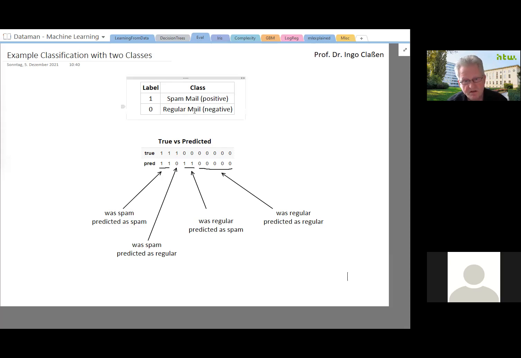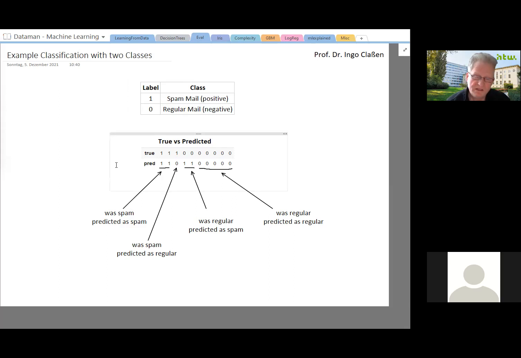The classifier predicts the label 1 if it is a spam mail, and predicts the label 0 if it is a regular mail. And our training data also has labels. So the true labels, of course, are also 1 for spam and 0 for regular.